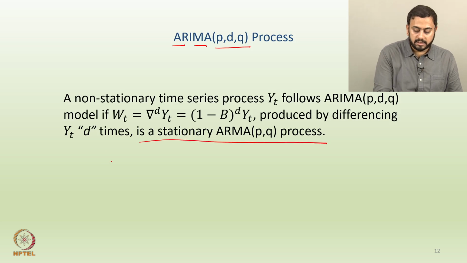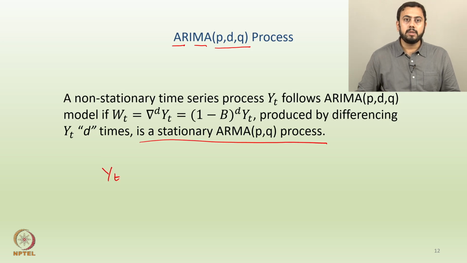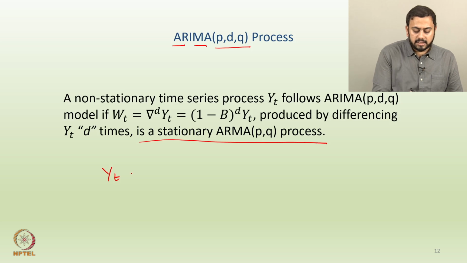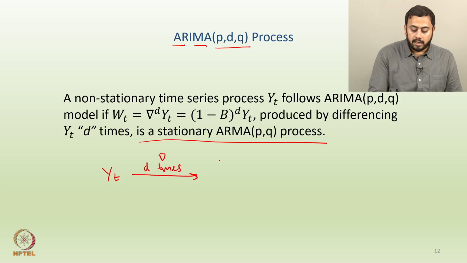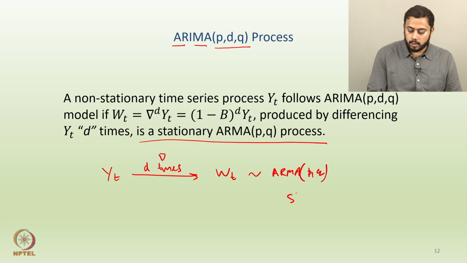What do you mean by that? Initially, let us say you have a time series yt, and yt is assumed to be modeled using an ARIMA process. Since yt is not stationary, it has to have a strong trend component. So, we difference this d times, applying nabla d times, and the resulting series, let us say wt, happens to be a stationary ARMA process with orders p, q, with the assumption that this process should be stationary.